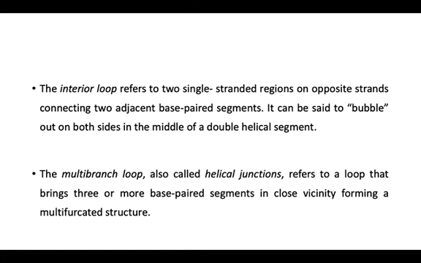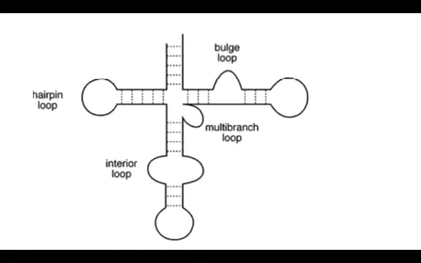And the multi-branch loop, also called helical junction, refers to a loop that brings three or more base pair segments in close vicinity, forming a multifurcated structure. So this is the example of each of them.